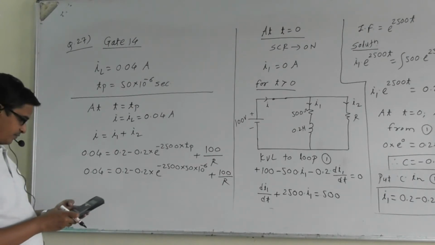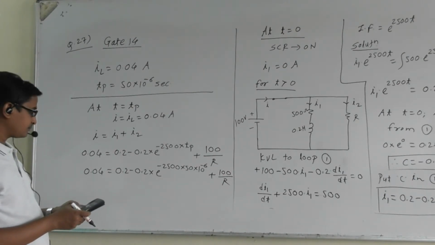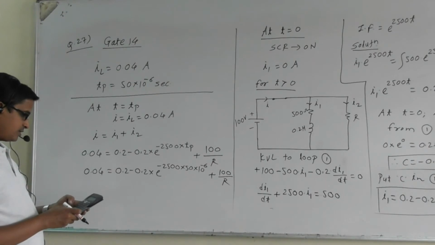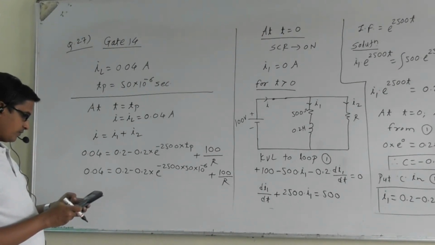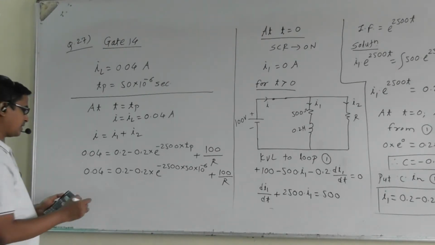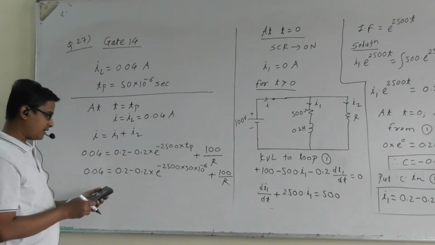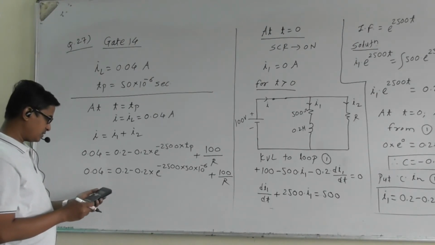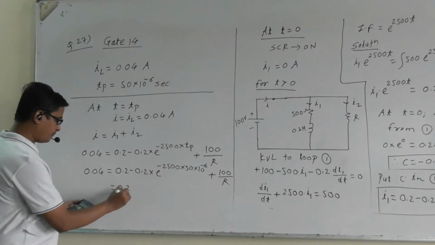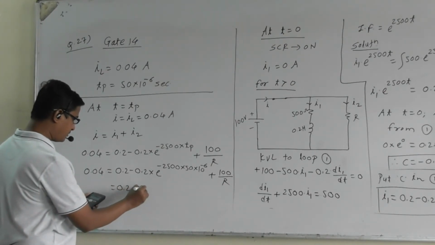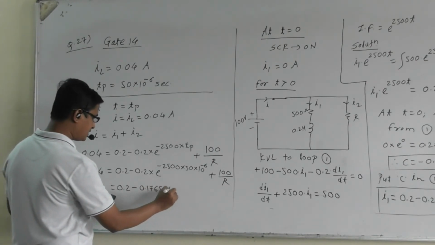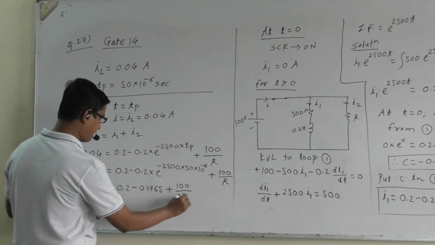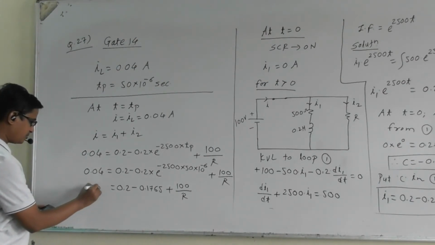The exponential term e to the power minus 2500 into 50 into 10 to the power minus 6 is 0.88, so 0.88 into 0.2 is 0.1765, and we get 0.2 minus 0.1765 plus 100 by R is equal to 0.04.